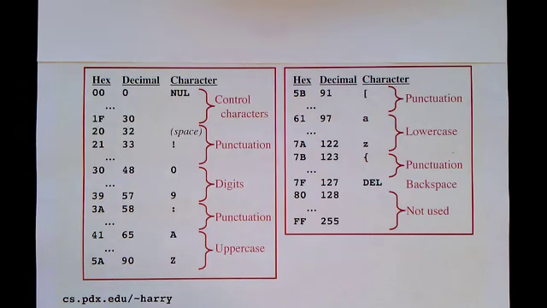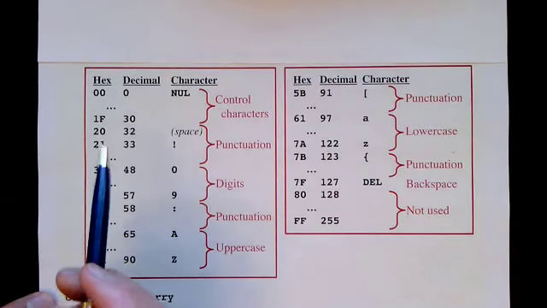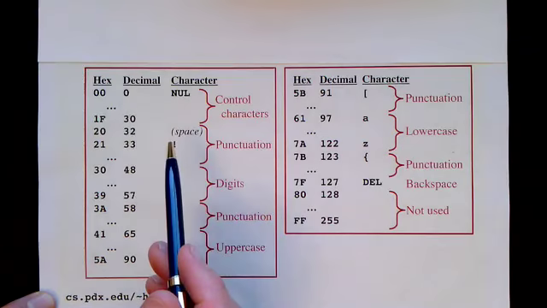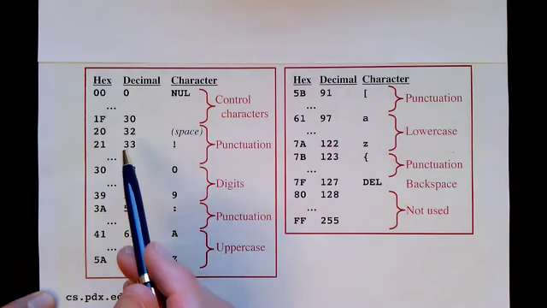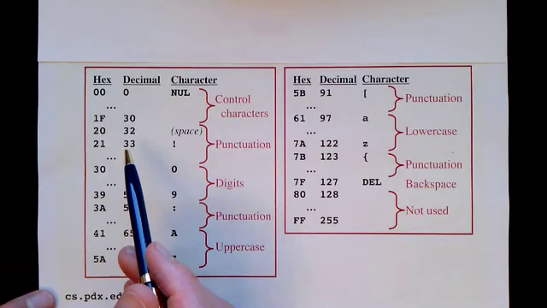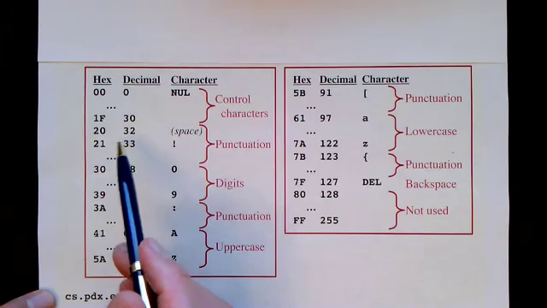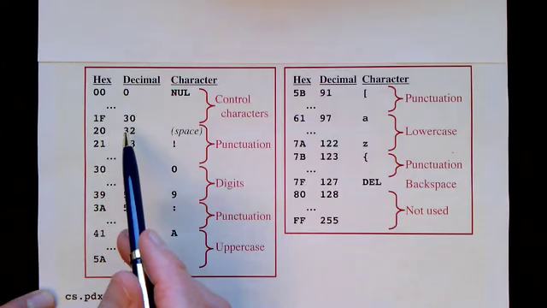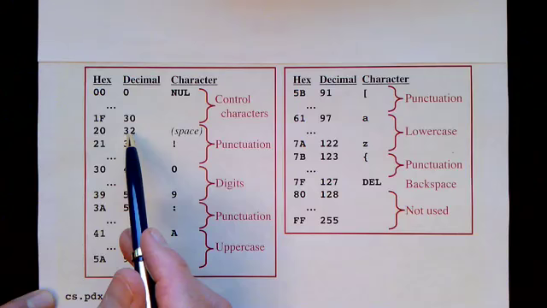So in this table, which is somewhat abbreviated, I've shown the ASCII characters and how they are encoded into bits. Each ASCII character is encoded into 1 byte. Okay? And so I can represent the bit pattern either in hex or as an unsigned number in decimal.